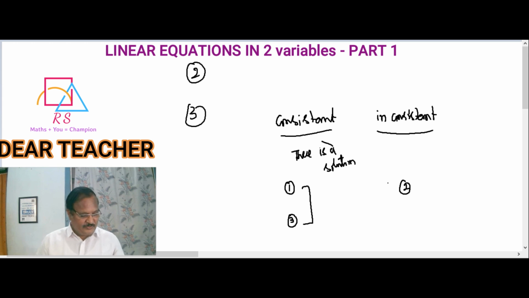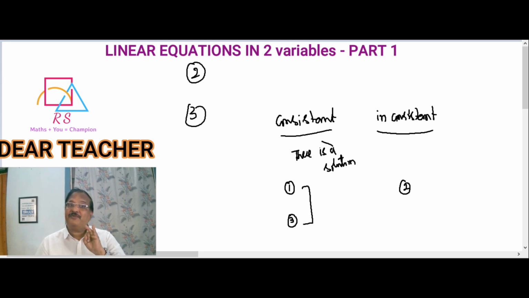Okay. So let me go to another question. Fourth, which of the following pairs of equations are consistent or inconsistent? If consistent, obtain the solution graphically. So here 4 questions are given. You have to find out a1 by a2, b1 by b2, c1 by c2 first, because there are 2 questions in this. First, you have to check whether they are consistent or inconsistent.